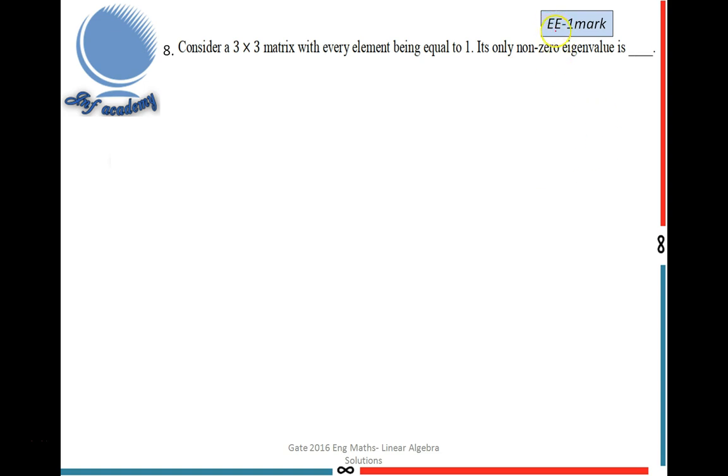Next, eighth problem. The electrical engineering department has this question and it has 1 mark. What is the problem? Consider a 3 by 3 matrix with every element being equal to 1. Its only non-zero eigenvalue is what? The given matrix is a 3 by 3 matrix with every element equal to 1, so the matrix is 1, 1, 1; 1, 1, 1; 1, 1, 1.